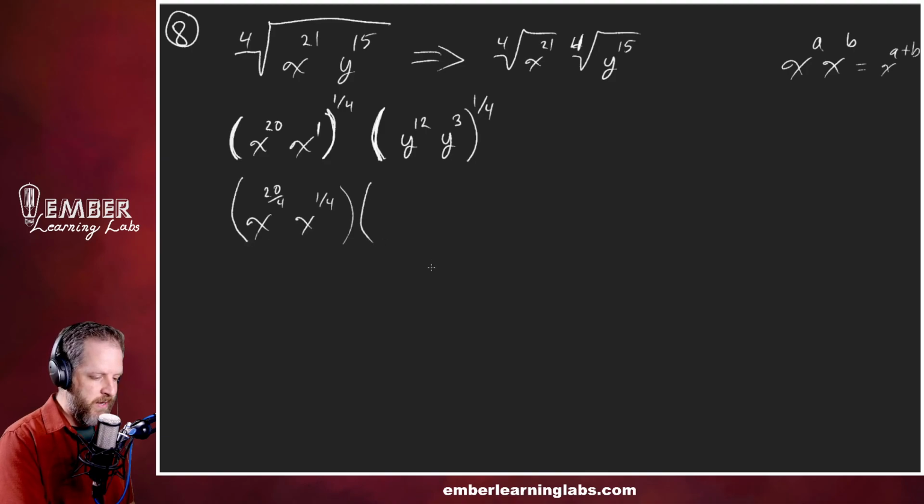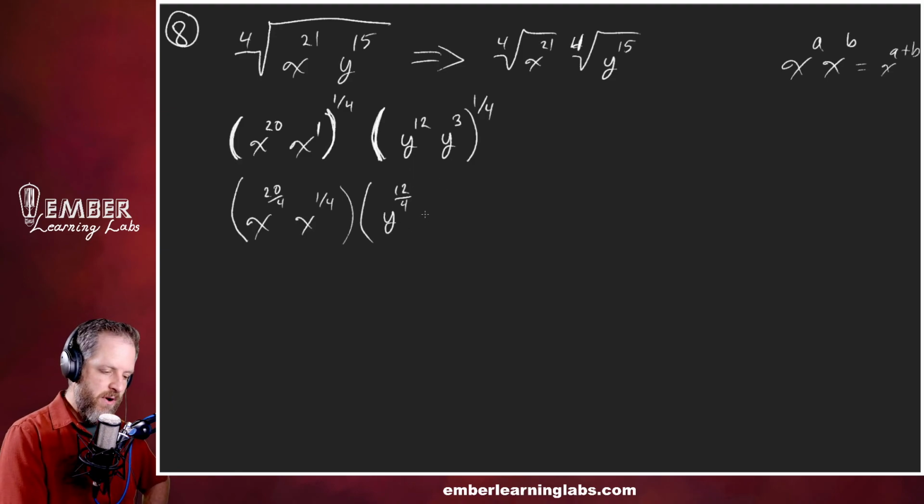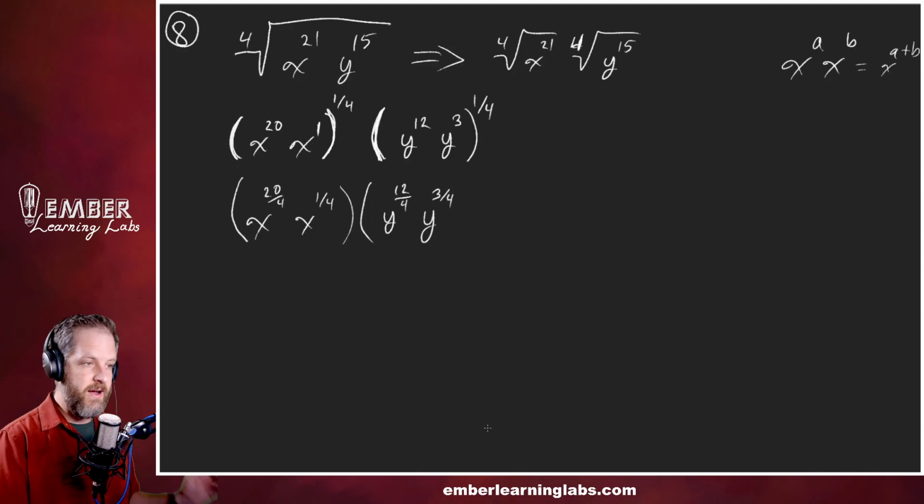We could drop them here, but I'm going to keep one more line just to keep it all clarified. Then this would turn into y to the 12/4. I know you could have probably jumped all the way to this is 5 and this is 3, but I'm wanting to make sure on some of these videos in this review section especially we walk it through really, really solidly. This would be y to the 3/4, right?